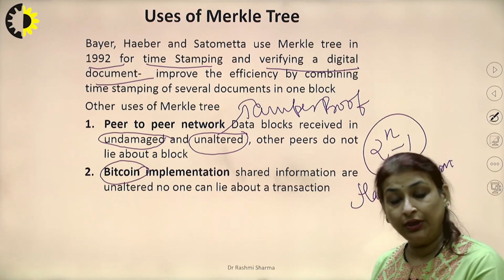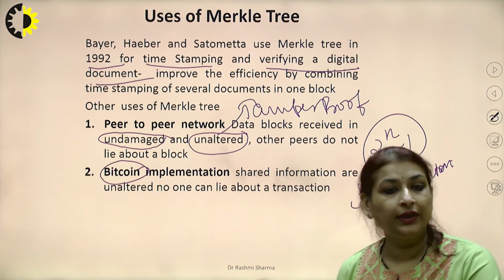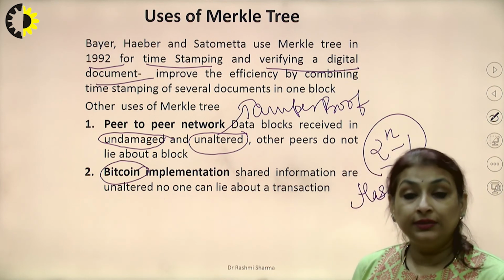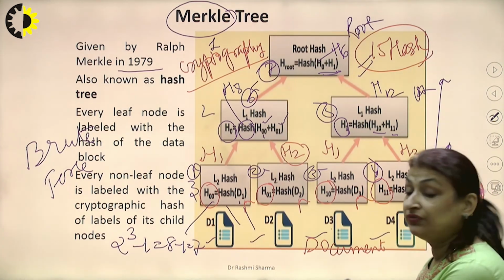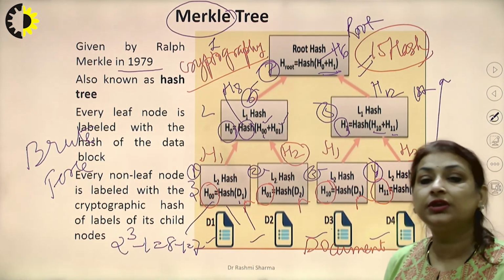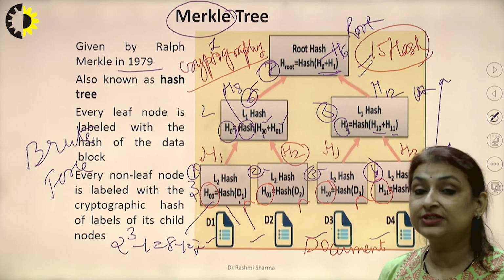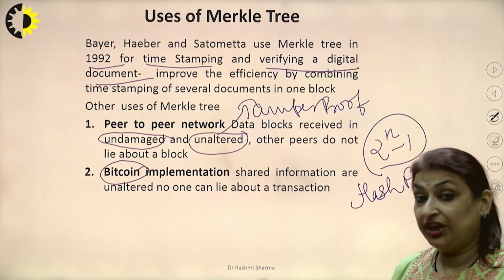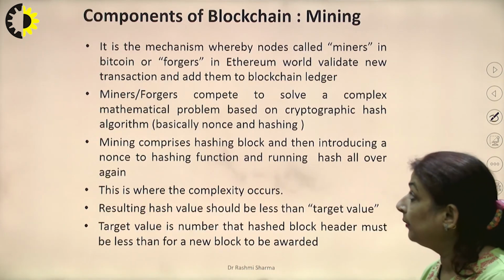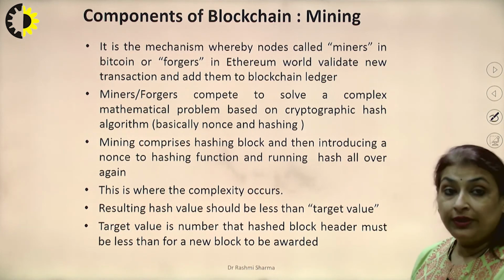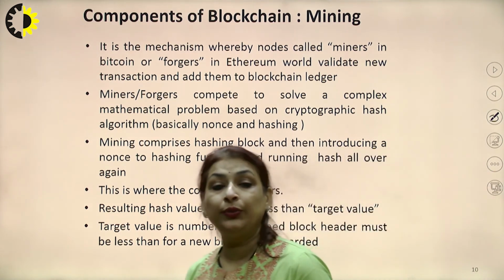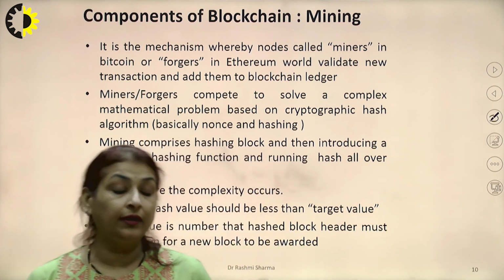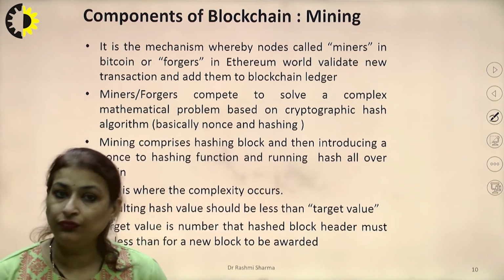If I'm sending money to a friend, that friend cannot deny it, because the value being transferred is this hash value, and these hash values cannot be tampered with. The text in those documents cannot be changed. So, the next component. I think hash values are clear: how we generate those unique hash values, 64 characters or 256 bits.